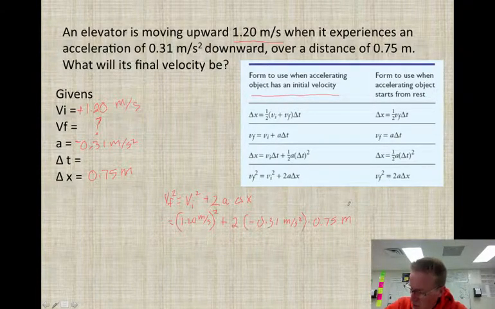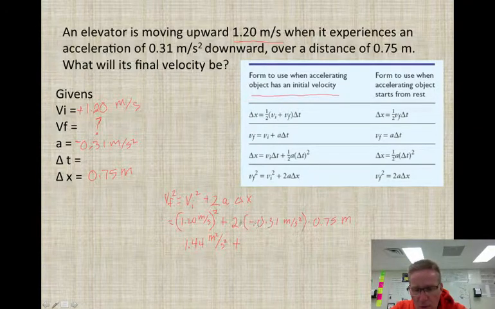I'll do this one incrementally. So we have 1.44 here, and that's going to be meters squared per second squared.